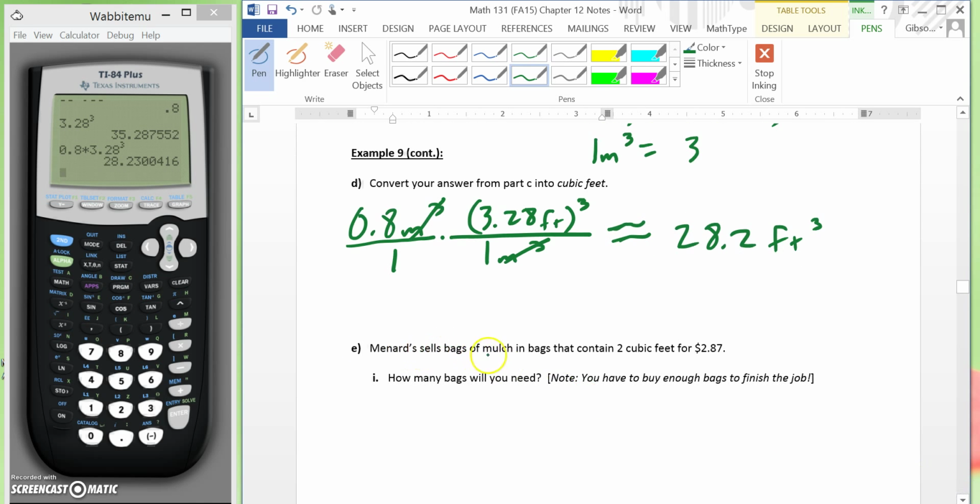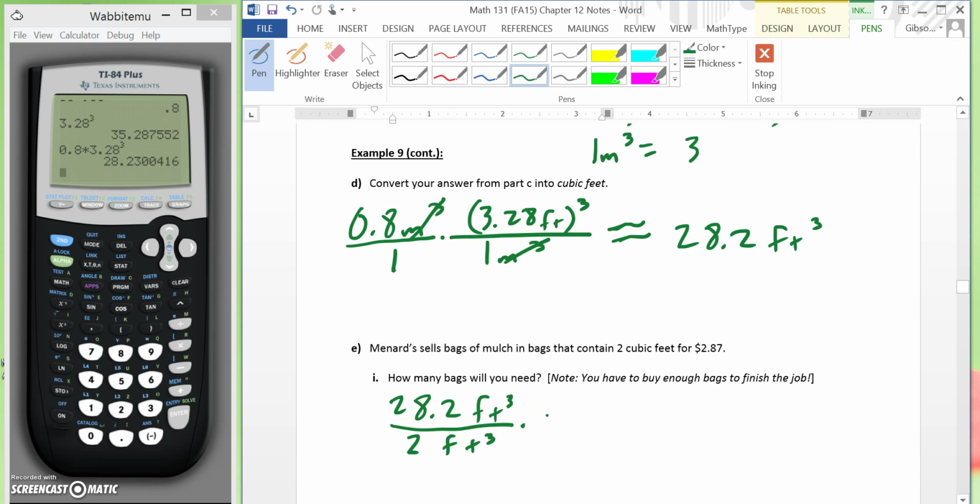Now it says Menard sells bags of mulch that contain 2 cubic feet for $2.87. How many bags will you need? Now, you have to buy enough bags to fill the job. So we would take our 28.2 cubic feet and divide it by 2 cubic feet.